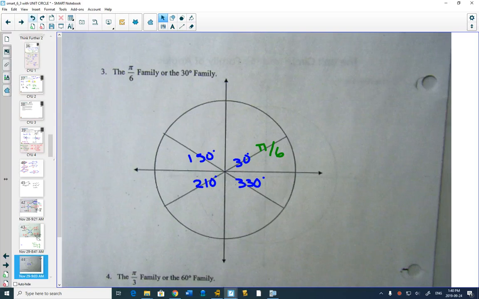How did you do? What did you get? 5 pi over 6, 7 pi over 6, and 11 pi over 6.